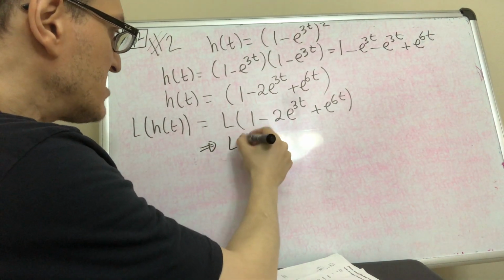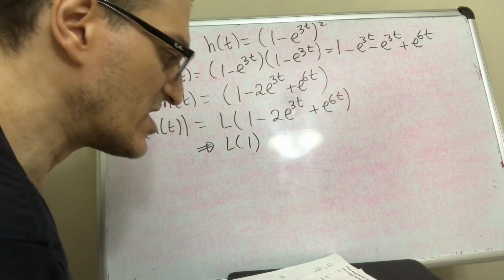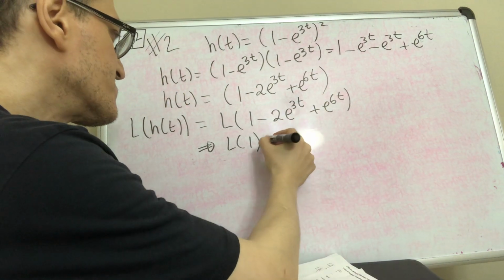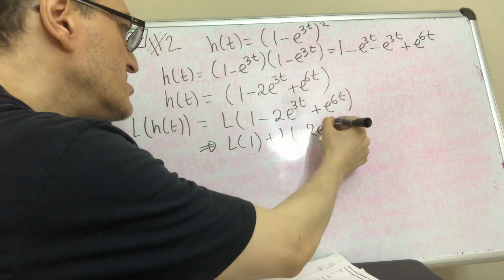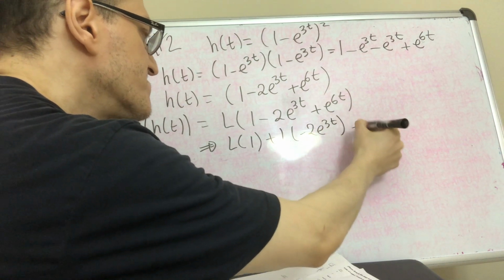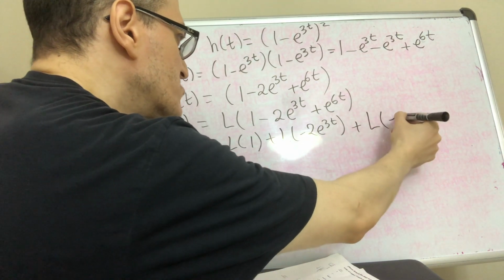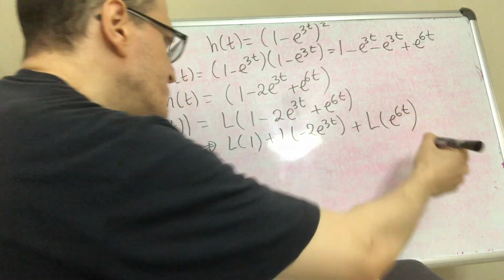So you have the Laplace transformation of the number 1, the Laplace transformation of minus 2e^(3t), and the Laplace transformation for e^(6t).